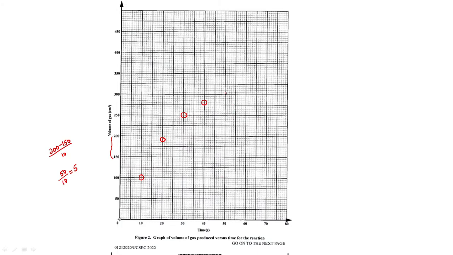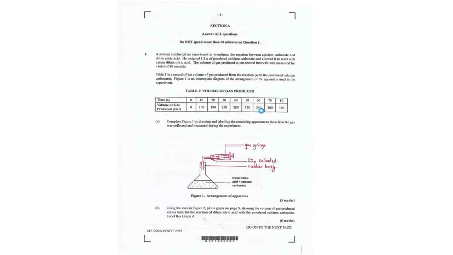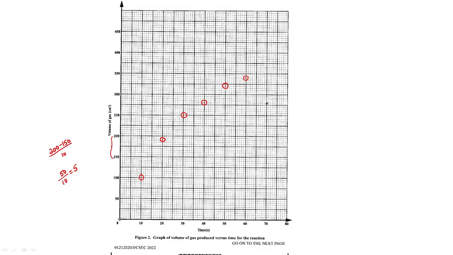So this is 10, then 20 here, and then we have 340, 20, 30, 40, and then everything else is 360. Cool. So at 70 we have 360, and at 80 we have the same 360.